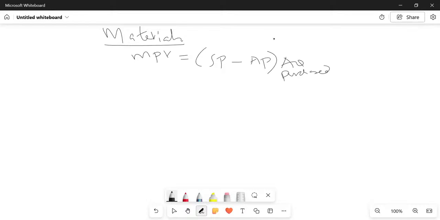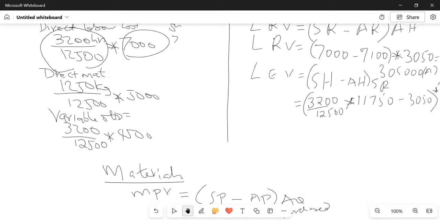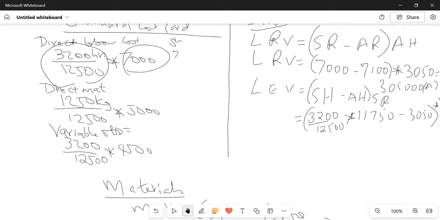So in this very question, do we have the standard price per kilogram? Oh, yes, we do. You can see here, it is 5,000, isn't it? Great.